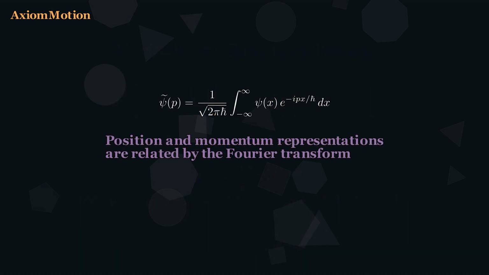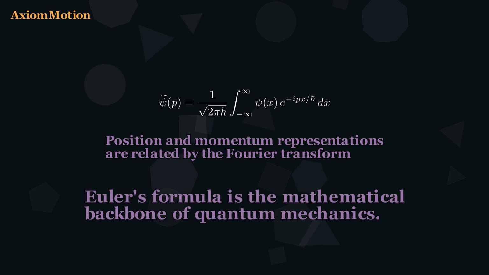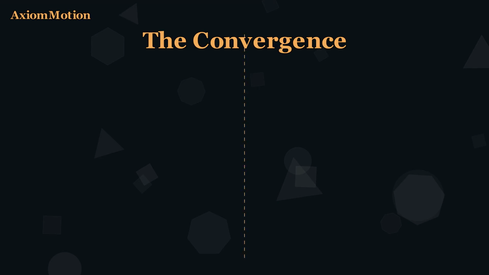One more connection. In quantum mechanics, the position space and momentum space representations of a quantum state are related by the Fourier transform. The same Fourier transform from pathway A, Euler's formula, is the mathematical backbone of quantum mechanics, just as it is the backbone of AI. Let us put the two pathways side by side.